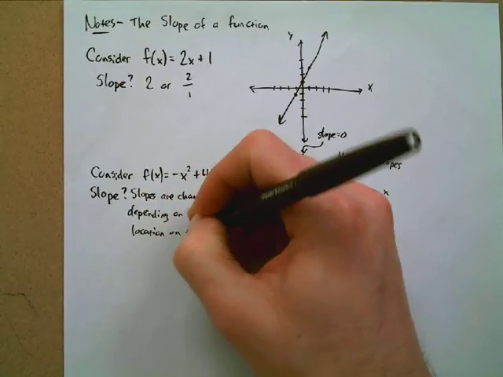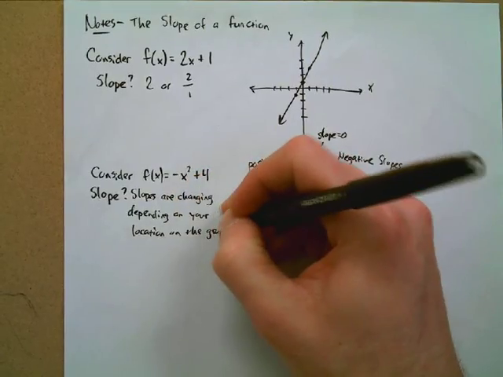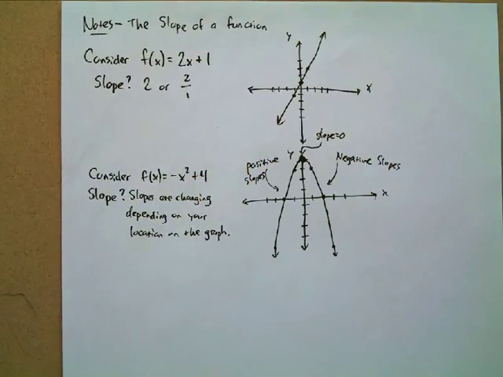So we go from a line whose slope is always 2, no matter where you look, to a quadratic function, and in fact most functions, where the slope is varying, changing, depending on where you are on that graph.